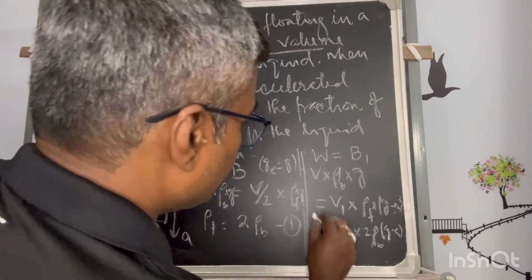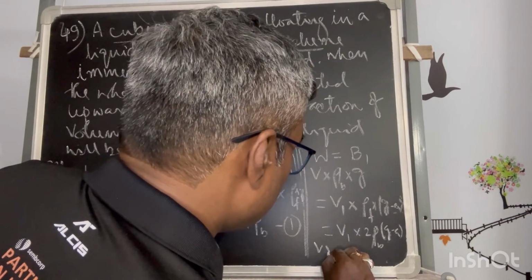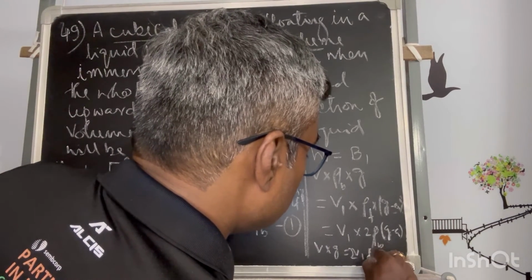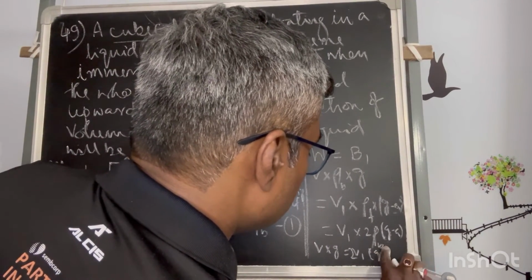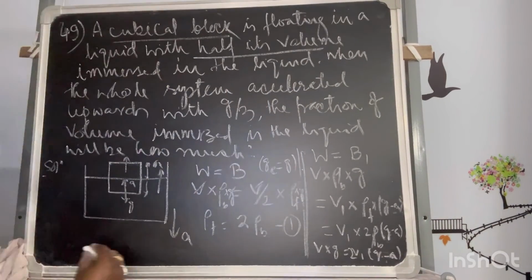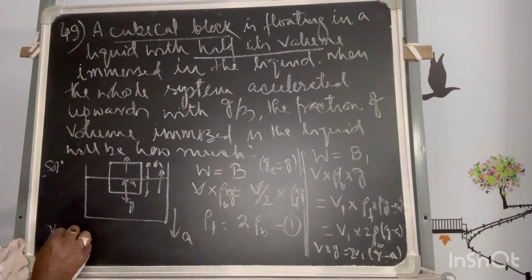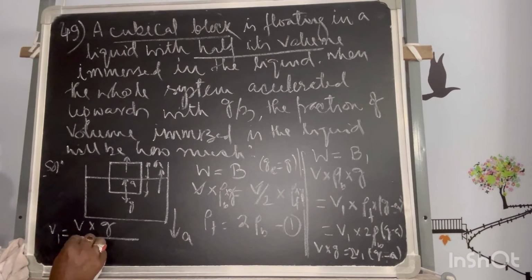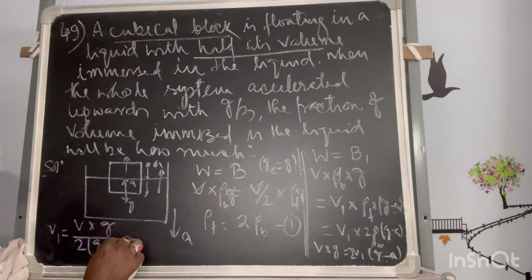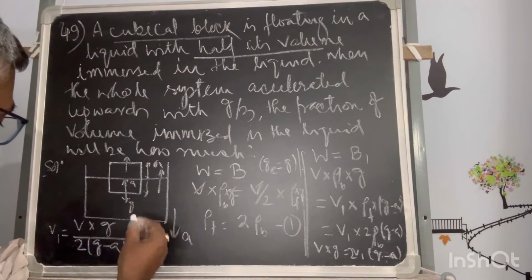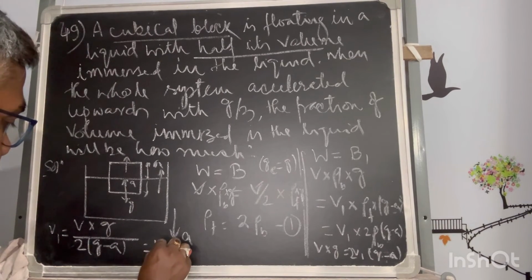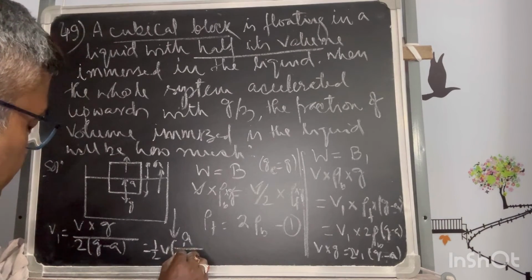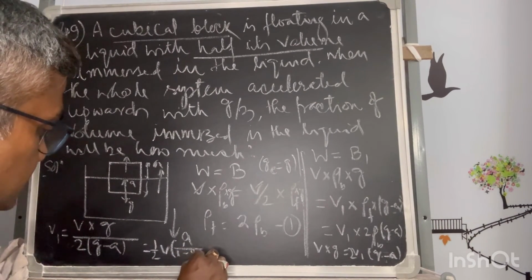Ultimately V into g is equal to V1 into 2 into g minus A. So V1 is equal to V into g divided by 2 into g minus A, which is half into V into 1 upon 1 minus A by g.